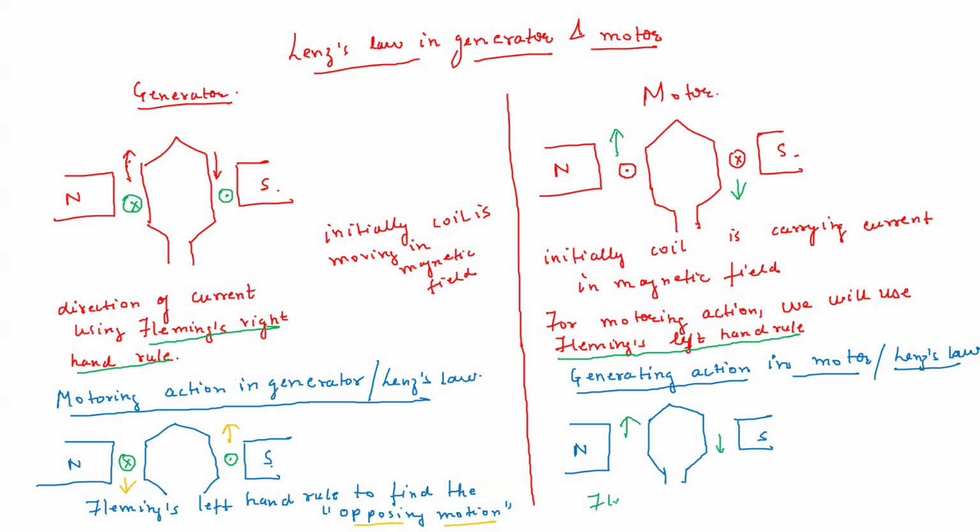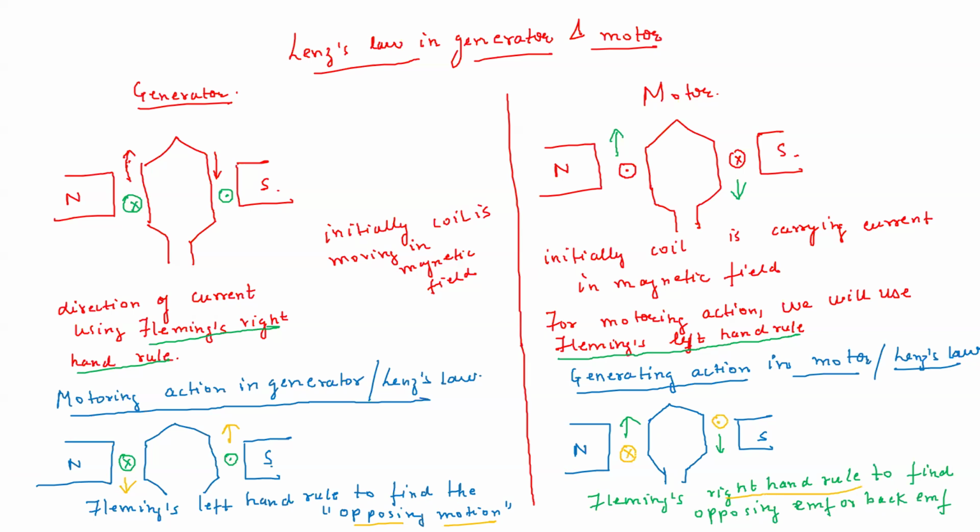Now using Fleming's right hand rule to find the opposing EMF or back EMF, you will see that here this is cross, this is dot.